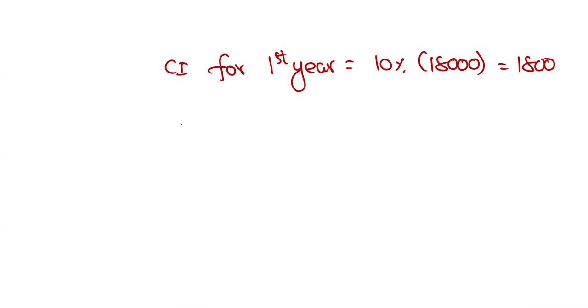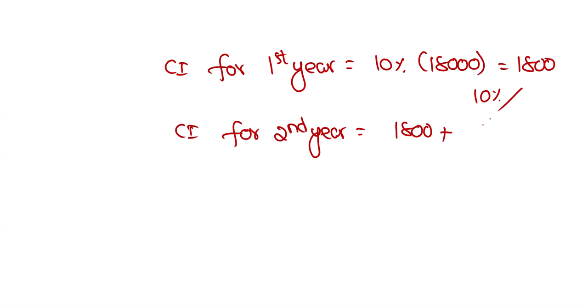Compound interest for the first year: 10% per annum on 18,000 will be 1,800 for the first year. What is the second year compound interest, sir? When a calculator is not allowed, this is the best way of handling. 1,800 plus 10% of this, which is 180, becomes 1,980.